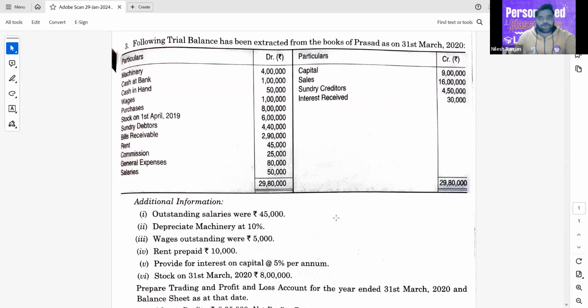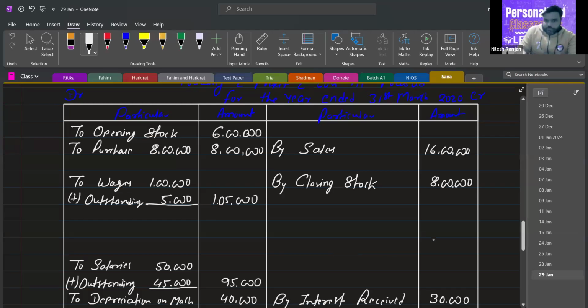Okay. So now we will calculate the total. 16 and 8, 24 lakh.